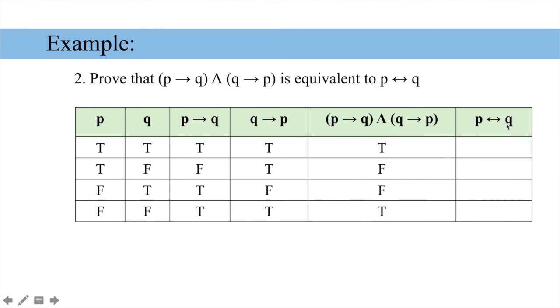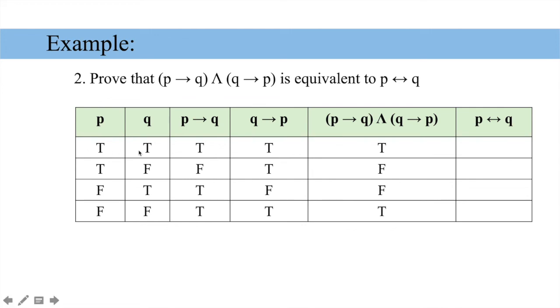So now let us see if this is equivalent to P if and only if Q. The answer is true only if the antecedent and the consequent have the same truth value. So they must both be true for the resulting sentence to be true, and both false for the resulting sentence to be true as well. Otherwise it is false.